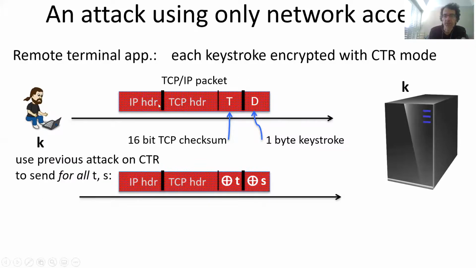Now imagine that this is encrypted using just CPA secure encryption, like counter mode. So the same attack as before: if you XOR this with an appropriately chosen shift, which is all zeros here, and let's say t and s, then the resulting ciphertext has the same IP header and TCP header information, and whatever this D was, the result has D XOR s, and whatever capital T was, the result has capital T XOR little t.